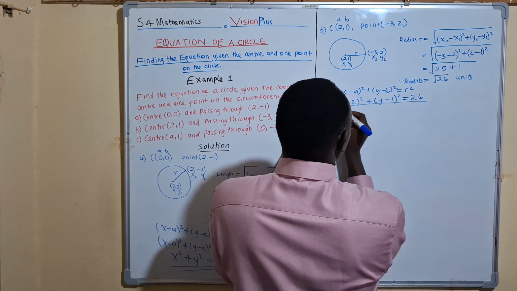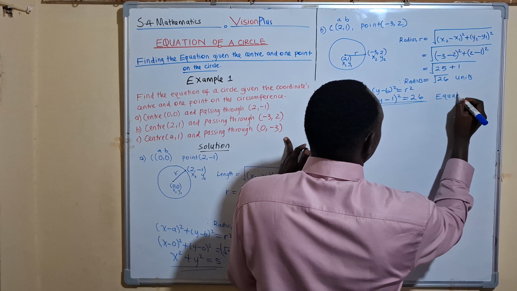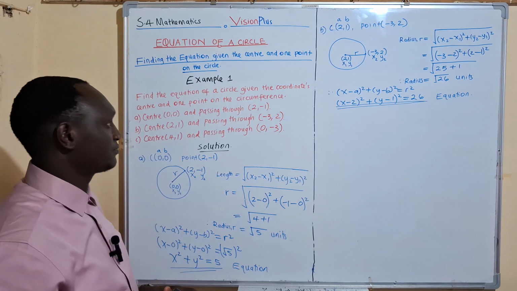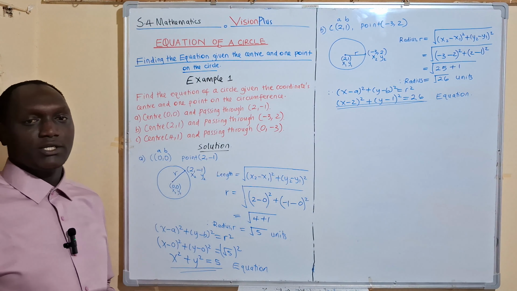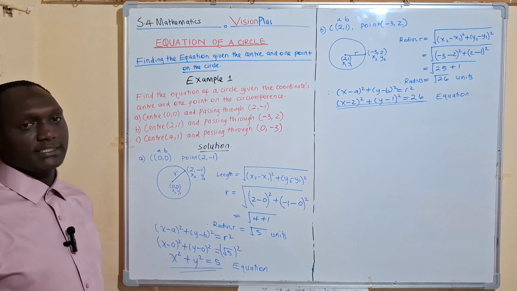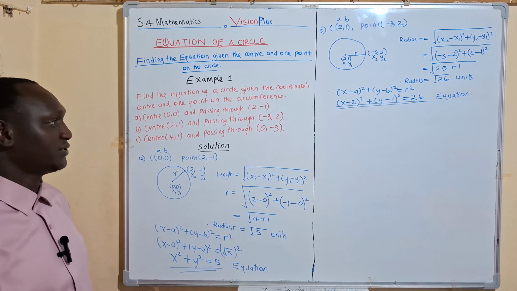So this is the equation of that circle with that center and that point on the circumference. I'm trying to be very slow because this is example 1, but in example 2, I will be faster because we shall have the foundation.